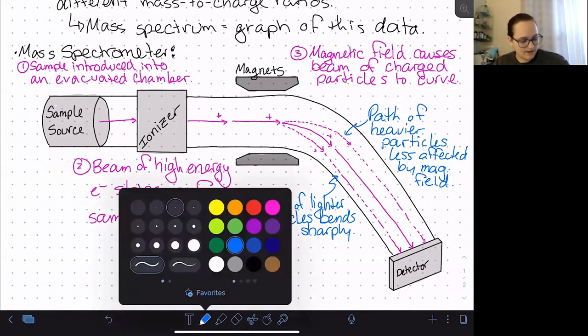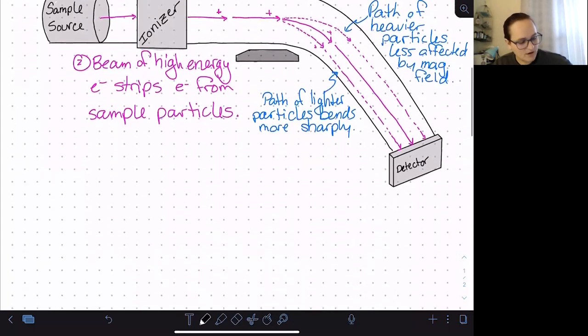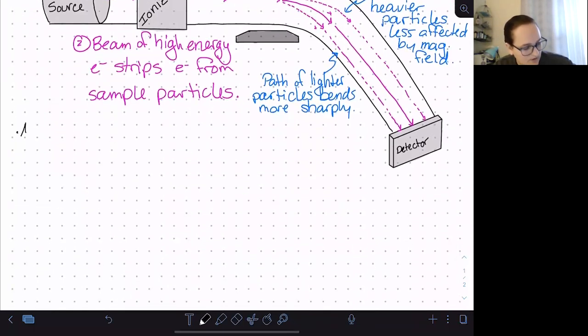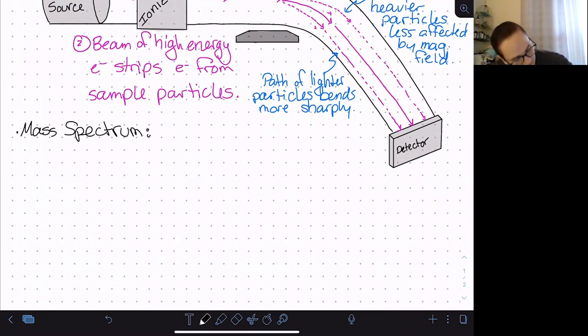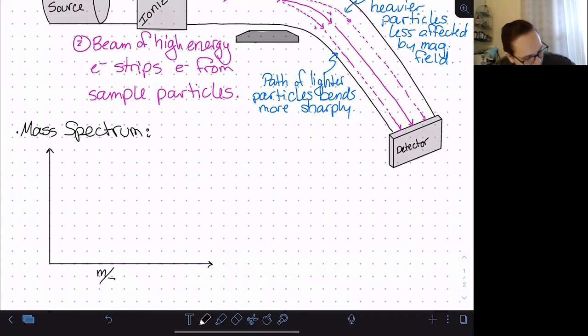So the way that this is graphed on a mass spectrum is with mass on the x-axis, usually this is written as m over z, which is just the mass to charge ratio.